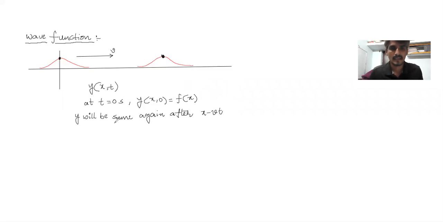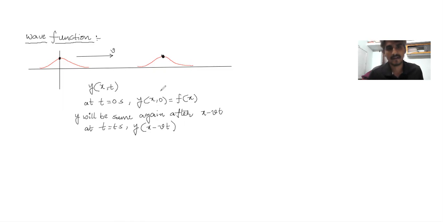How can we say? See here, if we consider this is x minus vt, it means that at t equal to some t seconds, after some time, we can write it as y of x minus vt. So here y of x minus vt is again equal to y of x comma 0.